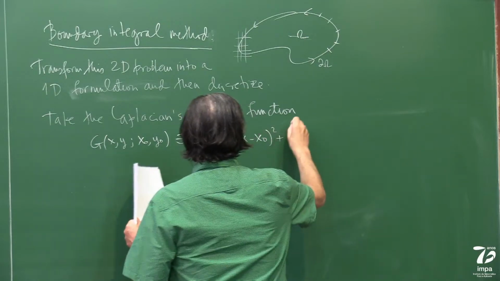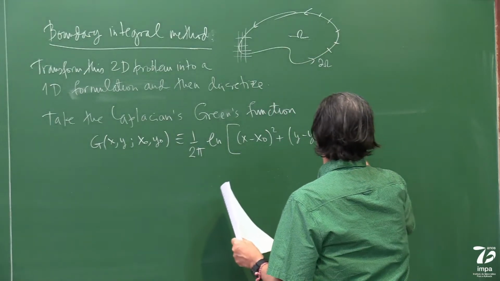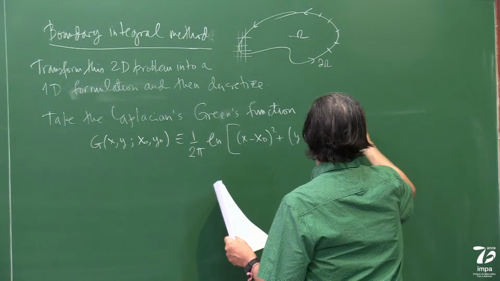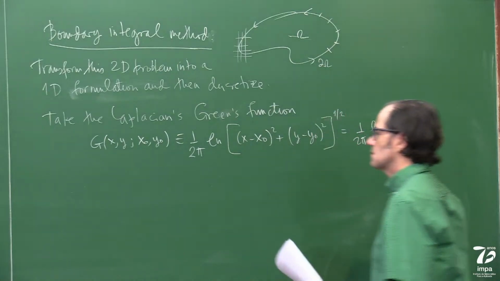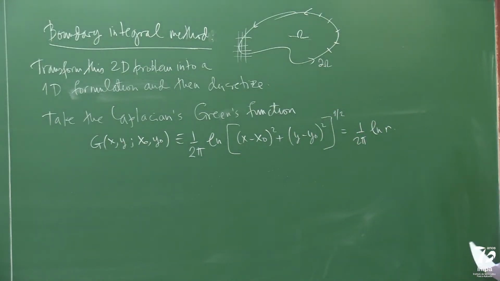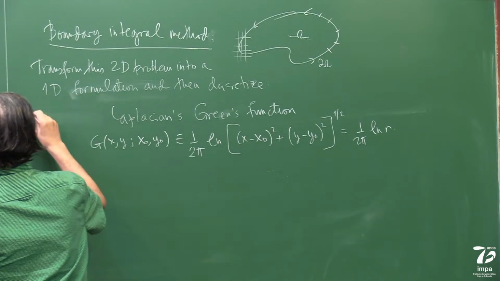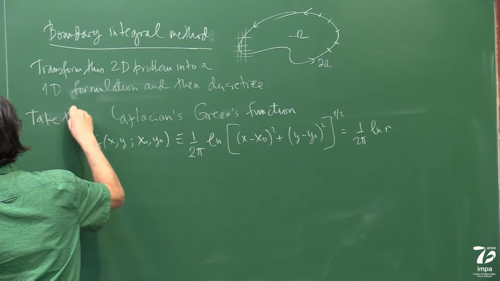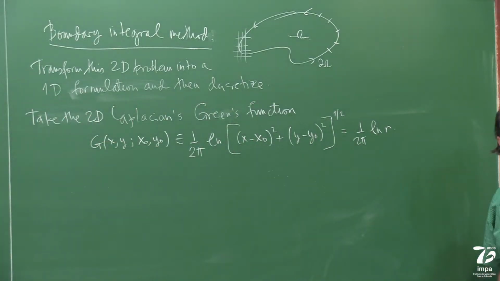But it's good to write at least once. Basically log of r. So this is the Laplacian Green function. And more appropriate to say, let me fix this. Take the 2D Laplacian's Green function, because in higher dimensions we have the Green's function slightly different.